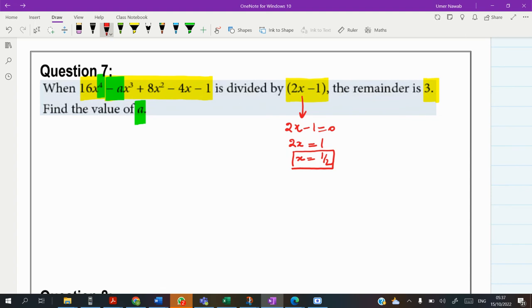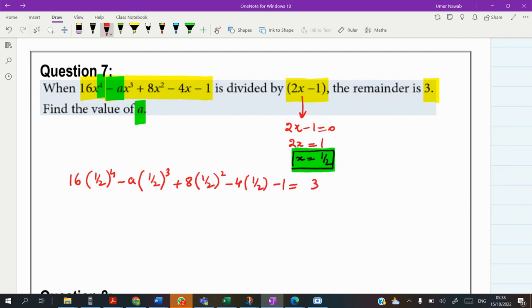By the use of the remainder theorem, I need to substitute this critical value into the dividend in the place of x, and put it equals to 3.